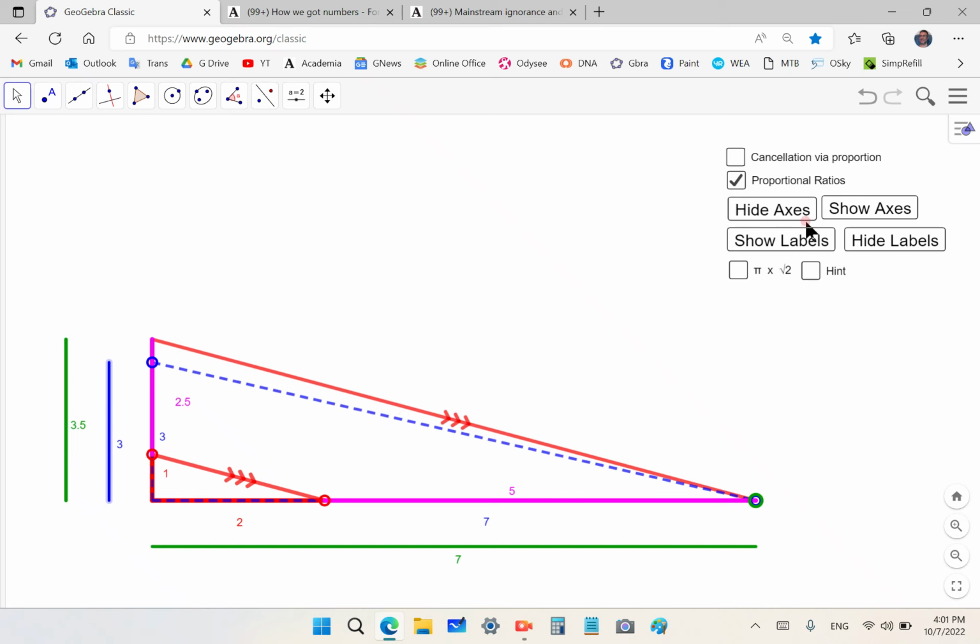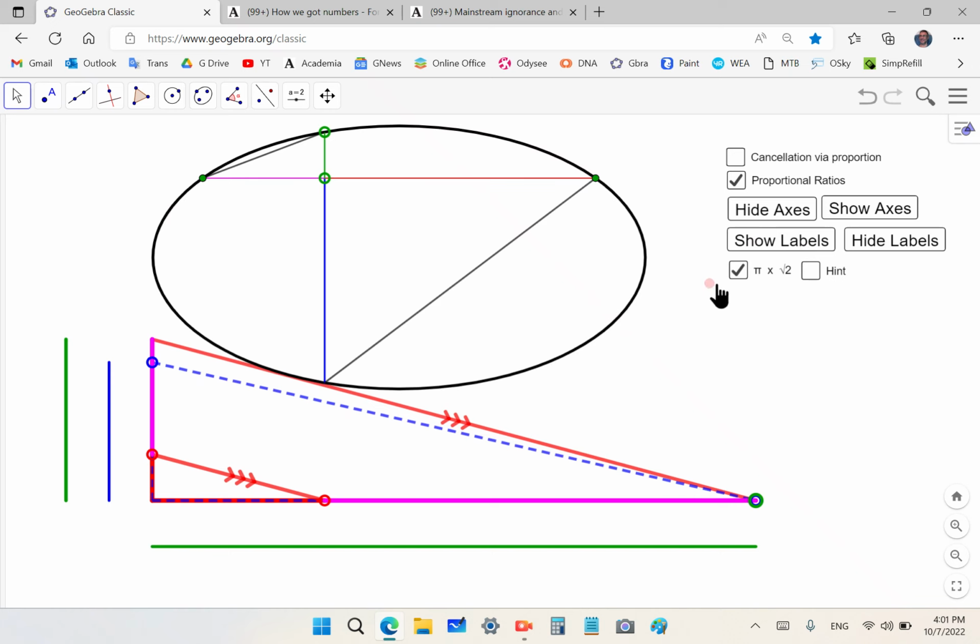Never mind, it is quite late in the day for me. Let's show the axis, and there you can see the axis now as well. So remember that in geometry we do not have numbers. Everything is done through ratios of magnitudes.